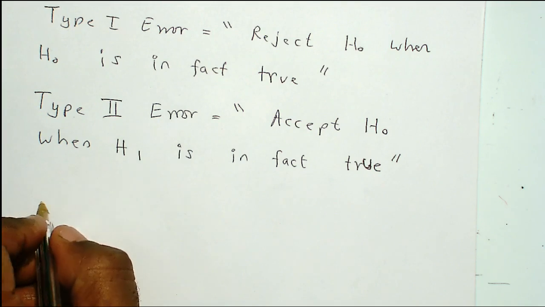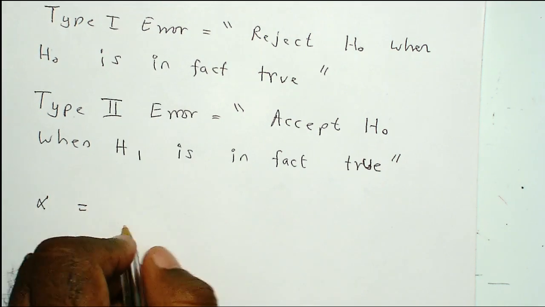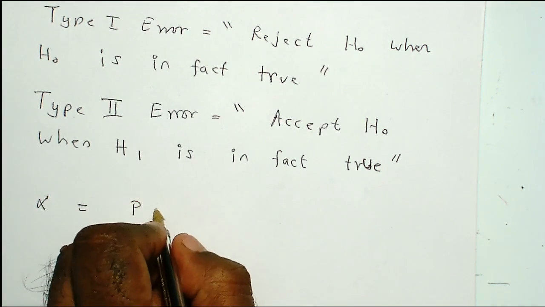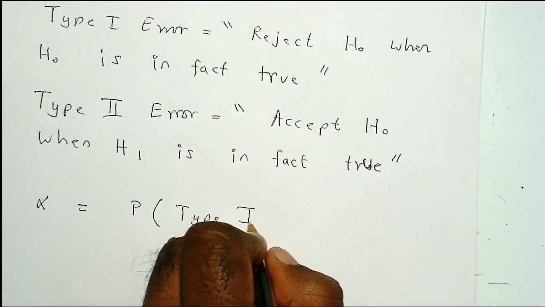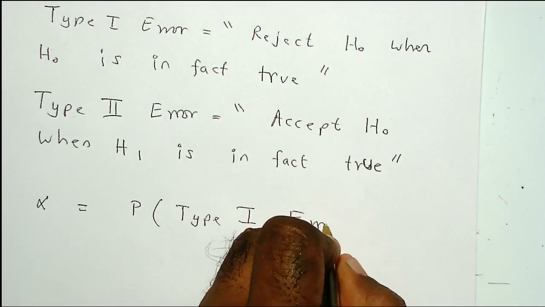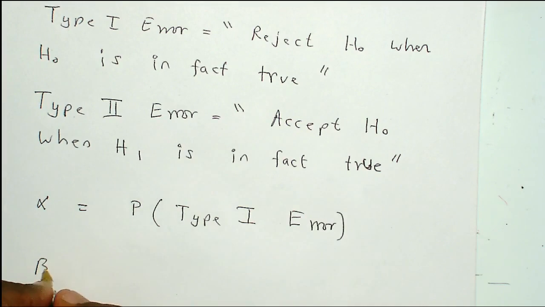Now I also need to define alpha. Alpha is the probability of type 1 error. And beta is, so these are common notations.